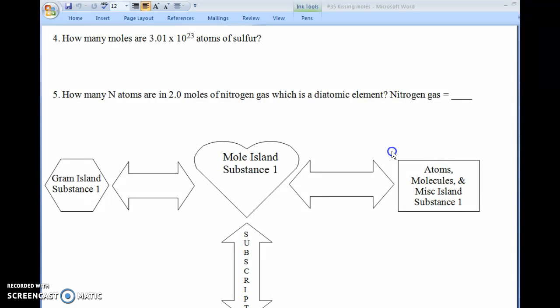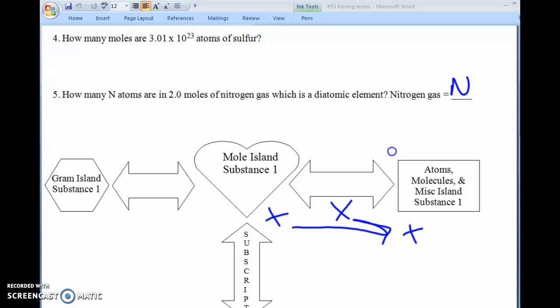In problem number 5, we're starting with atoms. Actually, my mistake, we're starting with moles, so let me erase that. We're going to start with moles, and we are going to go over here to atoms, going across that bridge. Each bridge is a multiplication sign, so if you go across one bridge, you should have one multiplication sign in your problem. Number 5, how many nitrogen atoms are there in 2.0 moles of nitrogen gas, which is a diatomic element?